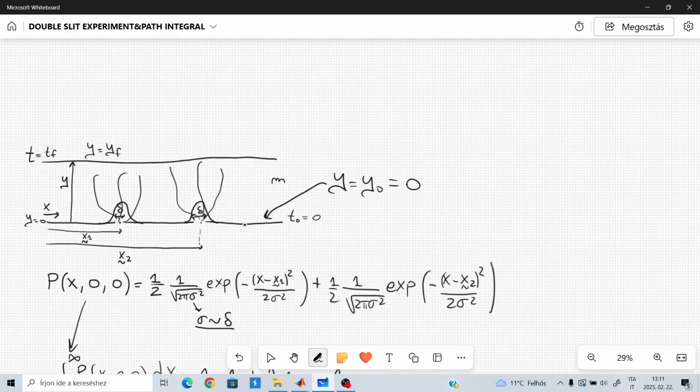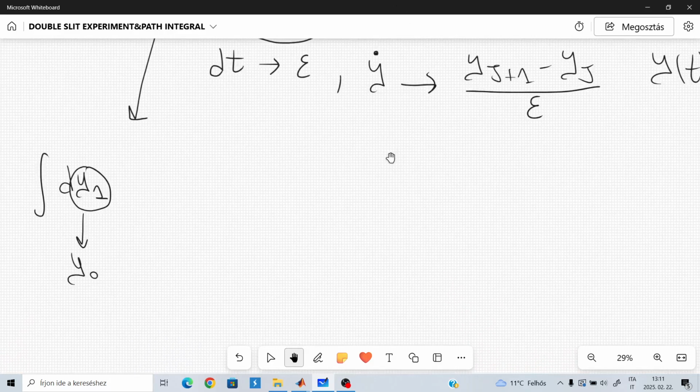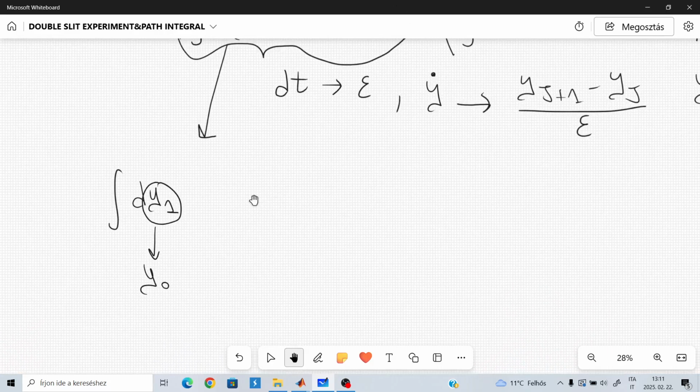Whereas when we integrate over x, I will show you that later, we also have to integrate over x0, which is the initial x, because we don't know exactly where the particle is located at first. So we have to integrate over all the possibilities. This is quite intuitive, even though it can be confusing at first if you don't think about it. But I will say that once more later.